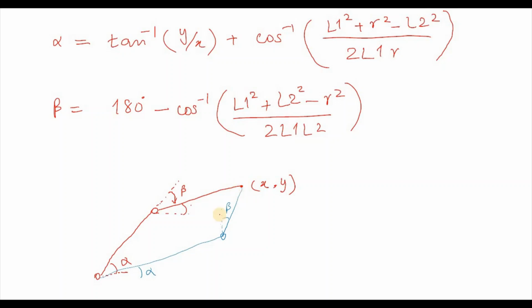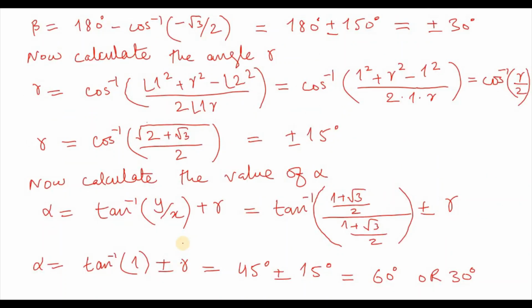Okay, so alpha can be either 30 degree or 60 degree, and similarly beta can be either minus 30 degree or plus 30 degree. Though this is not the accurate representation, but it's a rough one. So this is inverse kinematics. This is how we solve problems using inverse kinematics using geometrical methods.